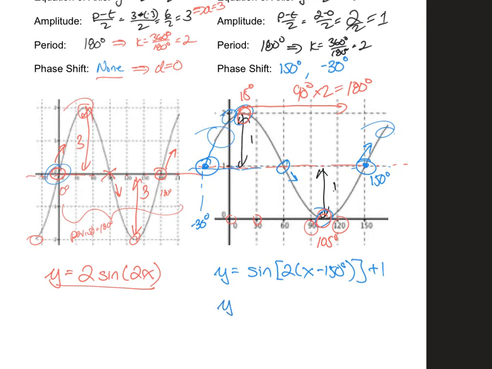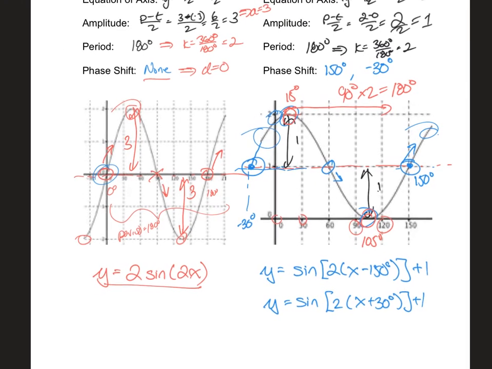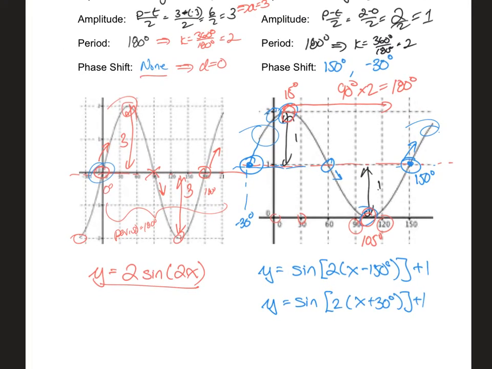And another equation could be sine of 2 times, in this case with a phase shift of 30 degrees to the left, x plus 30 degrees, plus 1. Okay, so this is where the unit takes on to be pretty tricky, in that we can have multiple answers to our graph.